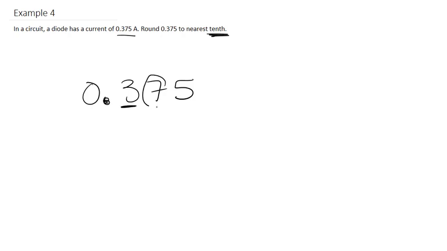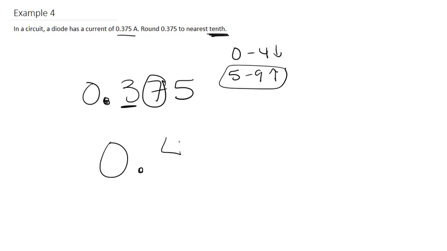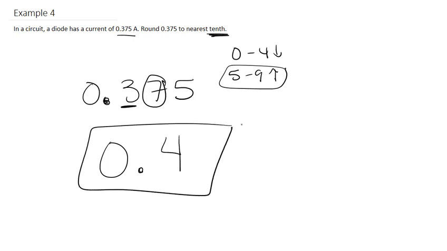So we need to look at the hundredths and circle that. And then we need to see if it's between 0 to 4 or 5 to 9. So we see that it's between 5 to 9, so we know we need to round up the 3. So this would then become 0.4. And this would be our solution.